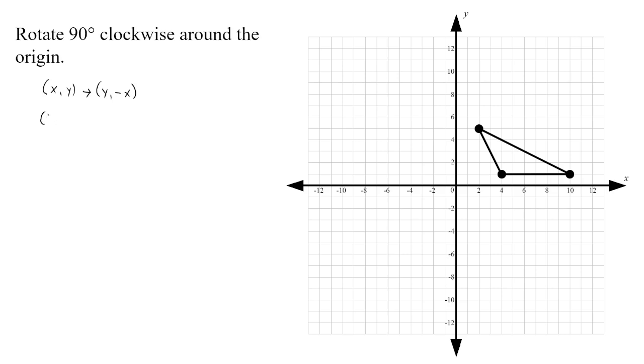We have 4 and 1. We have 2 and 5. And we have 10 and 1. And what we're going to do, we're going to plug these points into the transformation rule.